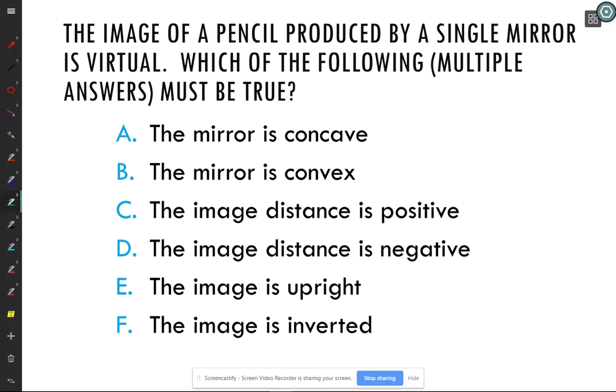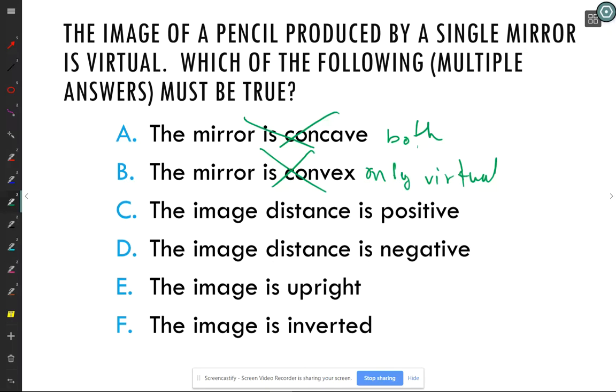So you always have a virtual image with the convex mirror, and you sometimes do when the object is closer than the focal length with the concave one. So it is not required to have concave. It's likewise not required to have convex. It works with both. Convex only produces virtual, but concave produces both.